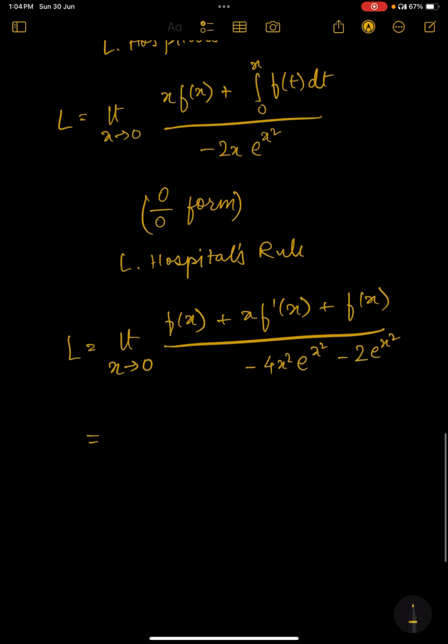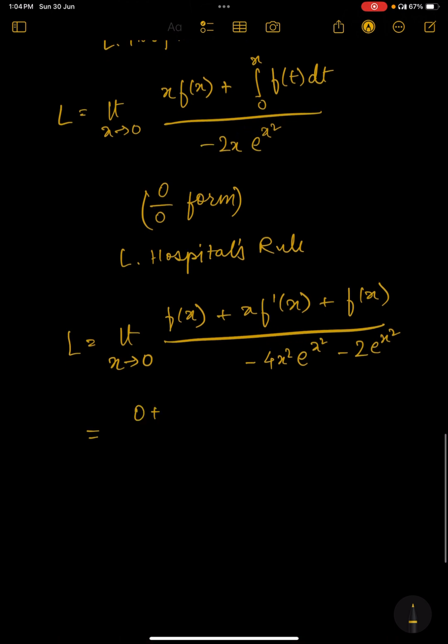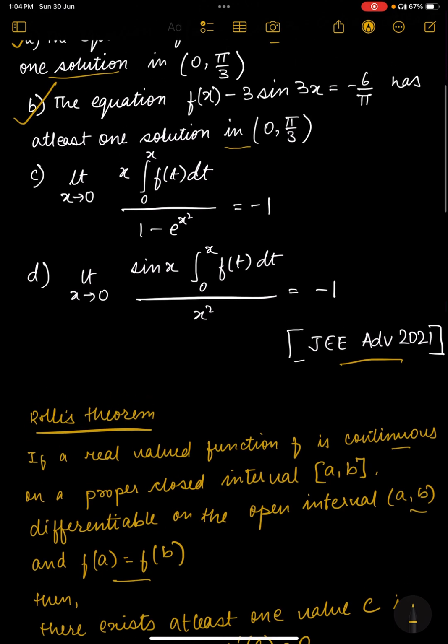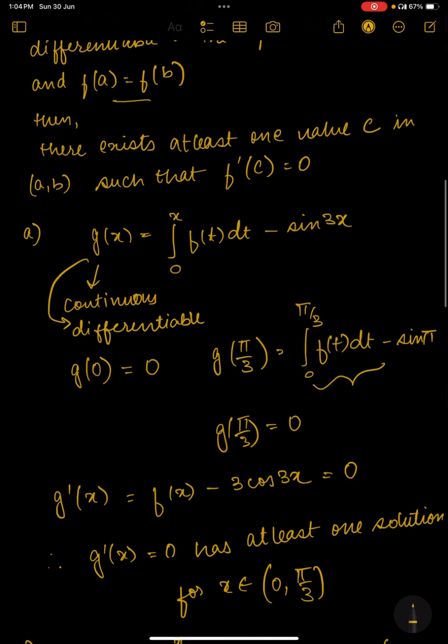Now when we apply the limit, we see that this is 0 plus 2 f of 0 by minus 2, and f of 0 is given to us as 1. So 2 by minus 2 is equal to minus 1. So option C is also correct. Our limit is actually equal to minus 1.